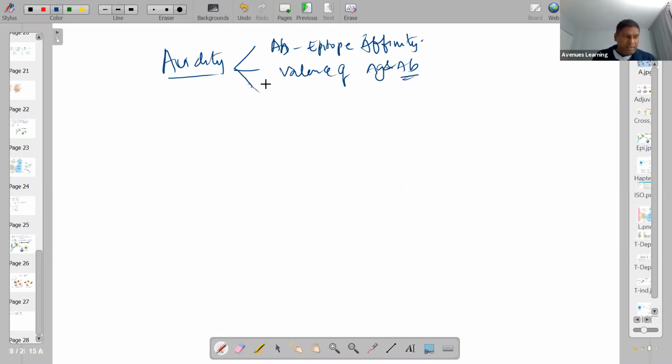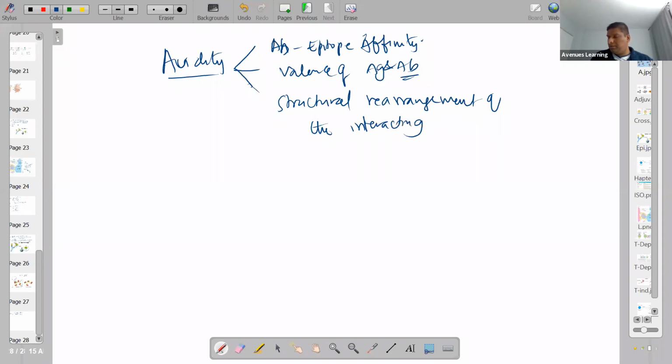Then the third thing is structural rearrangement of the interacting parts. Whatever parts are involved in those interactions, can they change their structure or not?